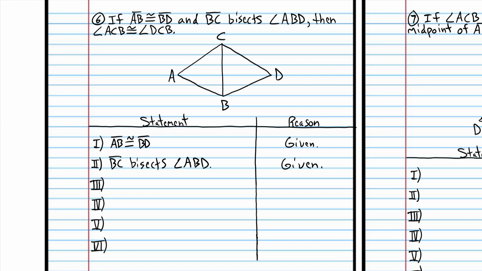So angle ABC must be congruent to angle DBC. And again, if you look at the definition of bisectors, sometimes you use measure, sometimes you use just the angle itself. But that's okay. You don't have to worry about that stuff, really. You can just go straight to the congruent statement. So that is the definition of angle bisector.